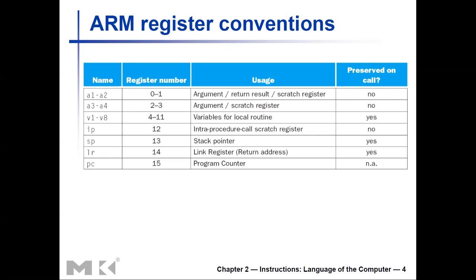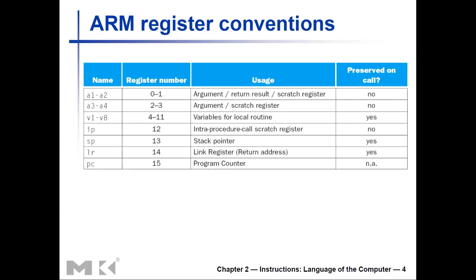So this is the convention. These three registers, we didn't look at them formally earlier, but here you will get to use them. And there's another column here, saying whether you need to preserve these registers on call or not. This concept will be clear when we actually look at the example.